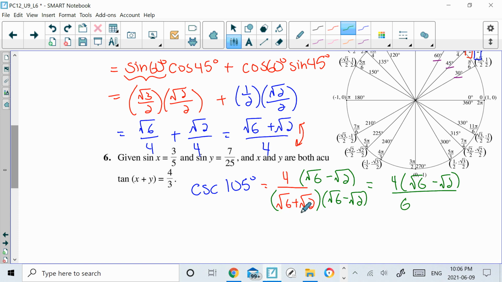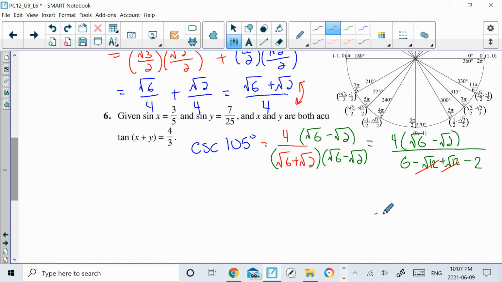Then root 6 times negative root 2 is negative root 12. Root 2 times root 6 is positive root 12. Root 2 times negative root 2 is negative 2. So how it rationalizes is these two middle terms will always cancel. Negative root 12 plus root 12 cancels.